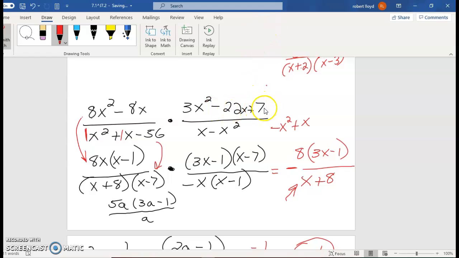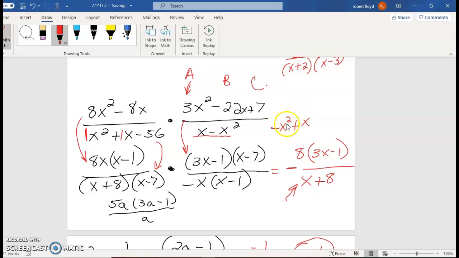This one I'm going to go over at the very end, but this one has a number greater than 1 in front of the x squared term, so we have to use the AC method. So when we do that, that becomes quantity x times 3x minus 1 times the quantity x minus 7. This denominator is not in the proper order, so we have to make it in the proper order, meaning the larger of the exponents goes first.